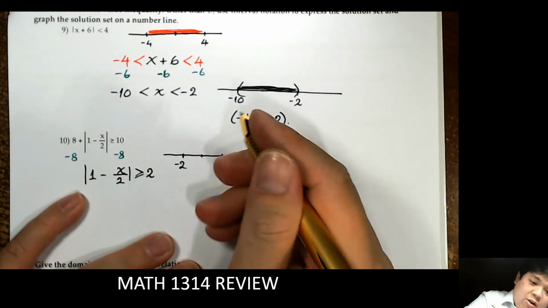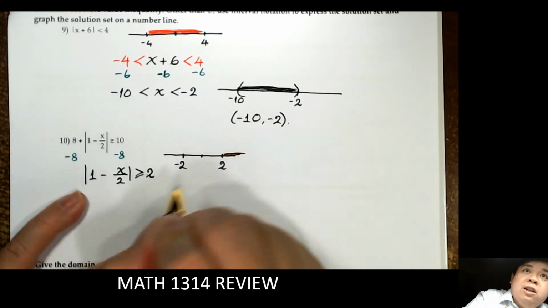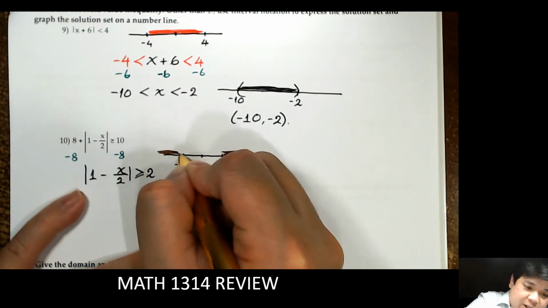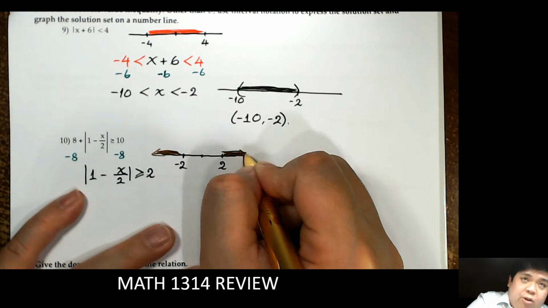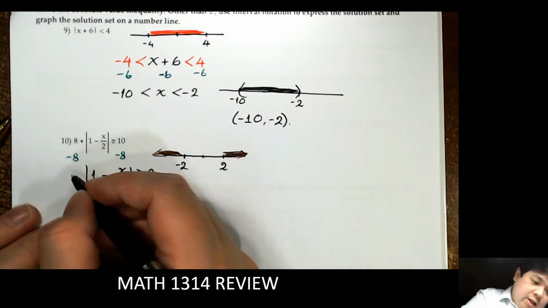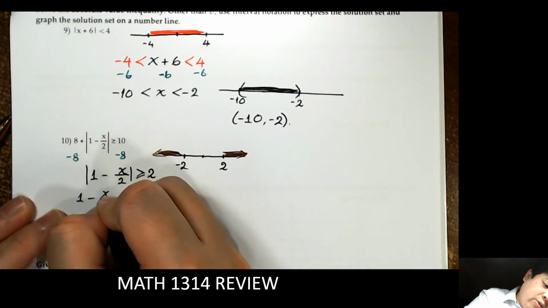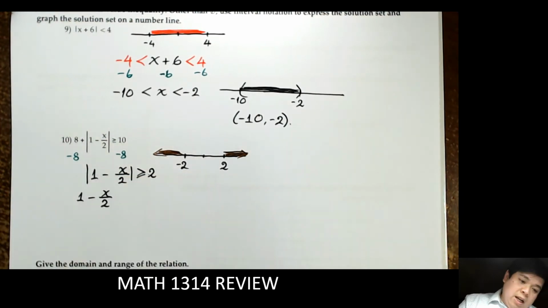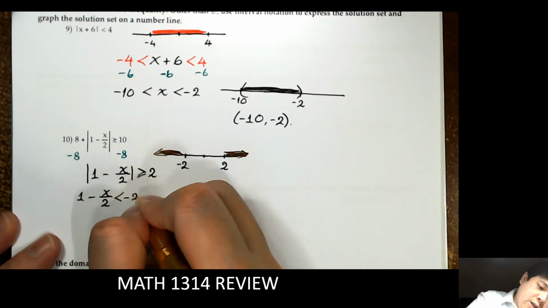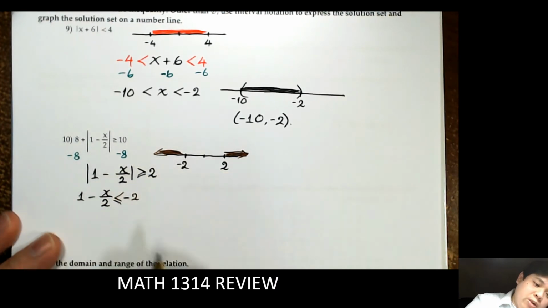we will be on that side or on that side. So pretty much we will have 1 minus x over 2 less than or equal to negative 2. Actually it has the equal sign too.